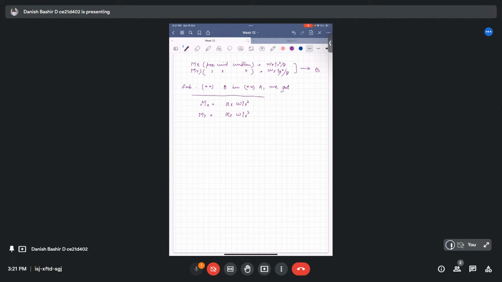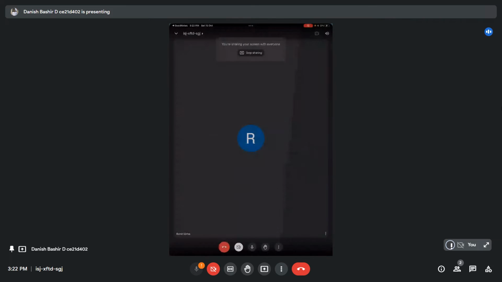Okay, where alpha x and alpha y are the moment coefficients. These alpha x and alpha y will be given as alpha x equal to 1 upon 8 times r power 4 upon 1 plus r power 4. Okay, and alpha y will be equal to 1 upon 8 times r square upon 1 plus r power 4. Okay, this one.